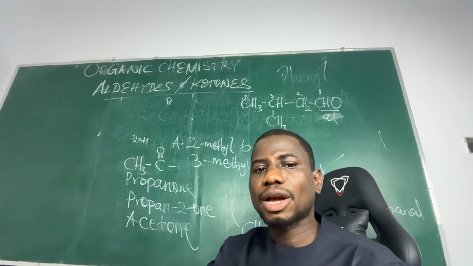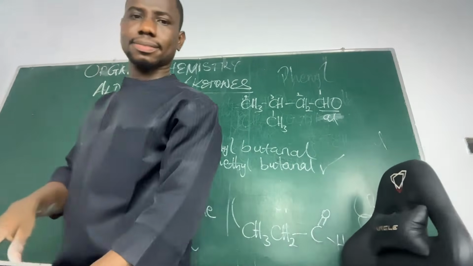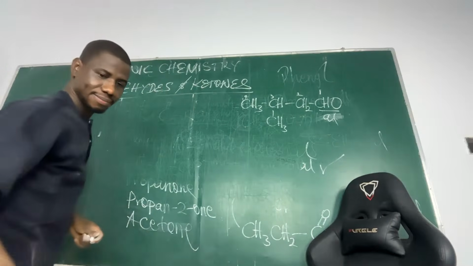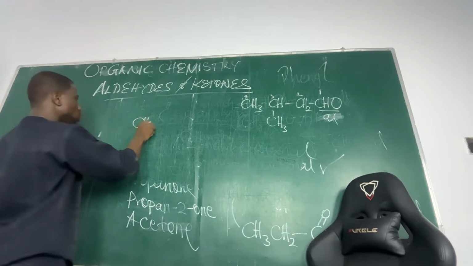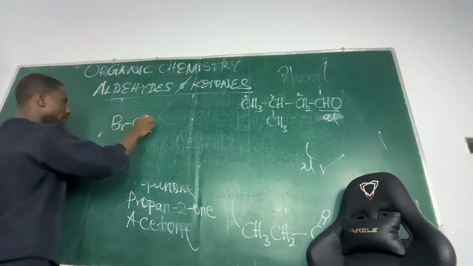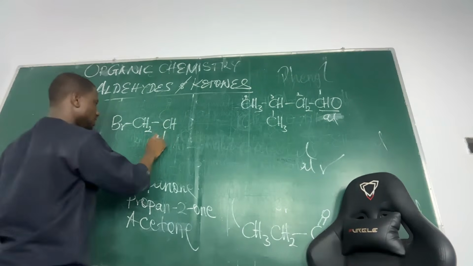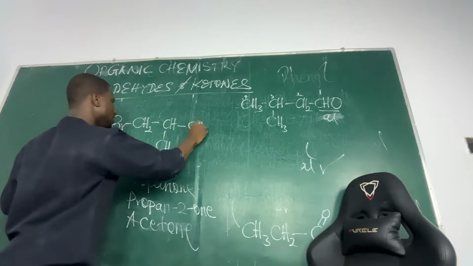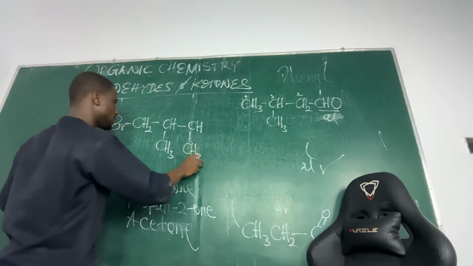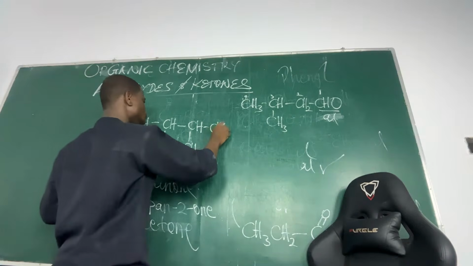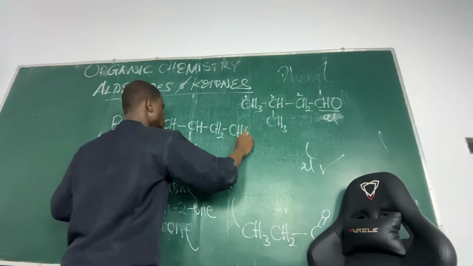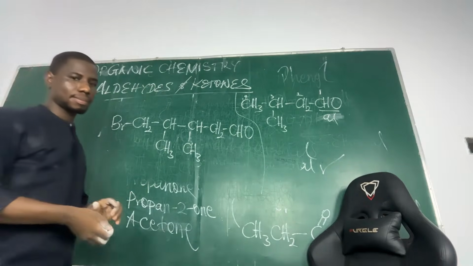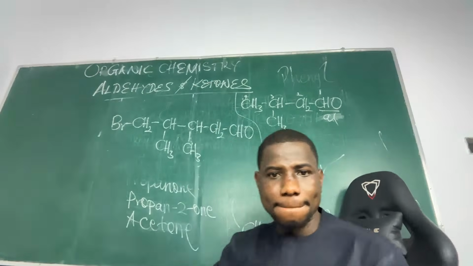Okay, take a look at this. CH2, by the side we have Br, CH3 down here, CH3 down, CH2, CHO.